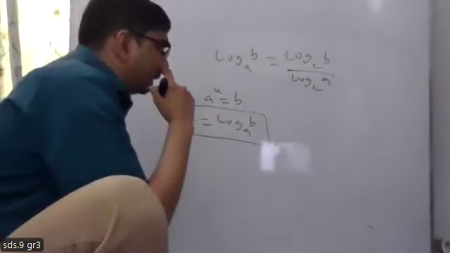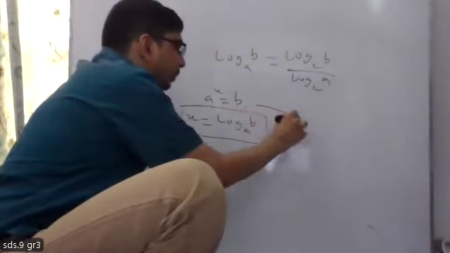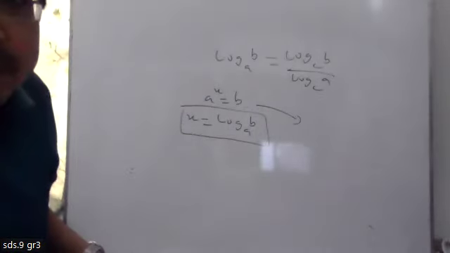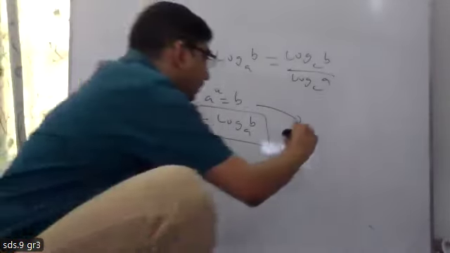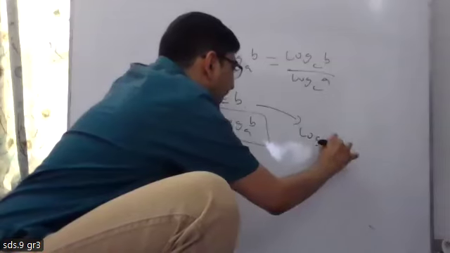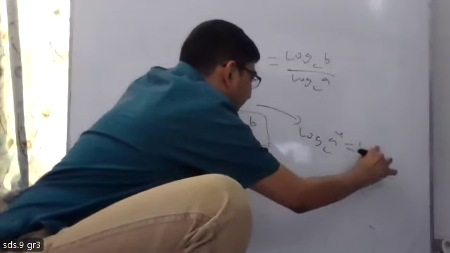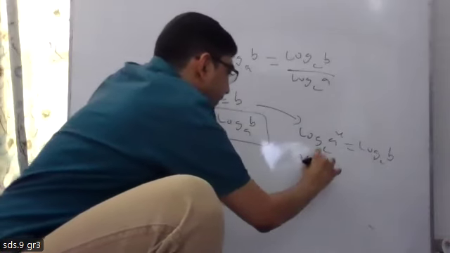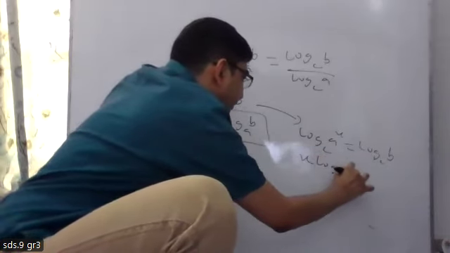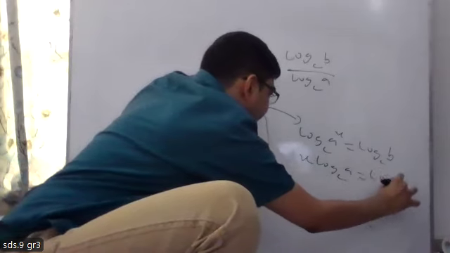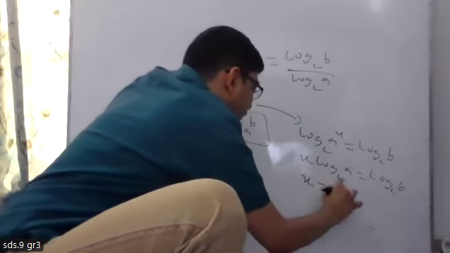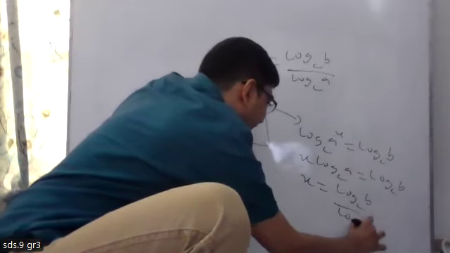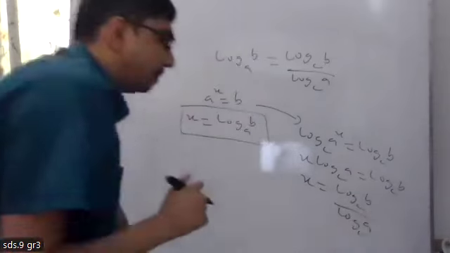Now, let me do one thing. Let me take log base c on both sides. Log base c of a to the power x is equal to log base c of b. So here the x, I can just keep it over here. So x is equal to log base c of b divided by log base c of a.